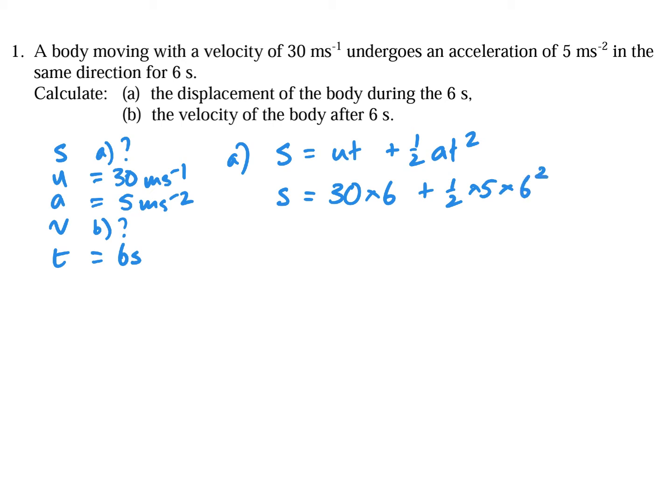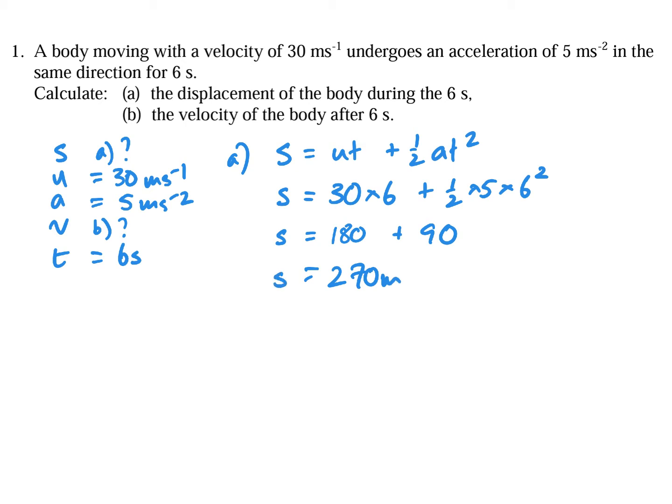Don't go straight to an answer in your head of what 6 squared is. That's your second mark, remember, in a standard 3 marker. So formula, substitution, and then just working out the rest. So 180 plus a half times 5 times 6 is 18 times 5 is 90. Sorry, you can use a calculator, of course.